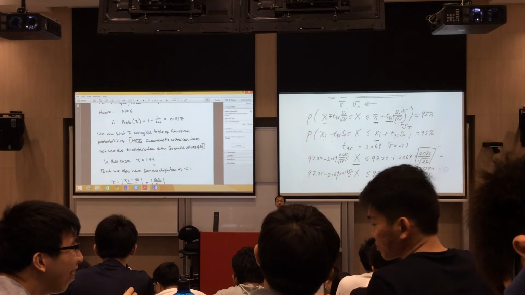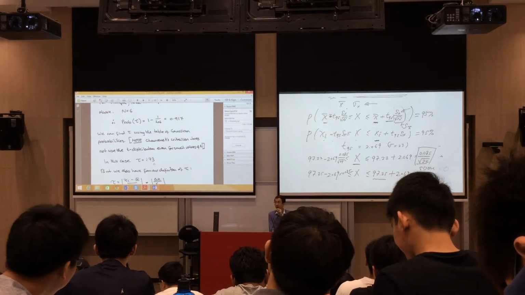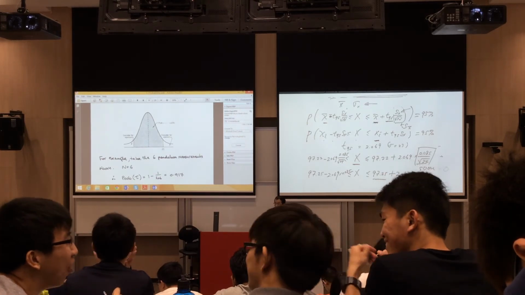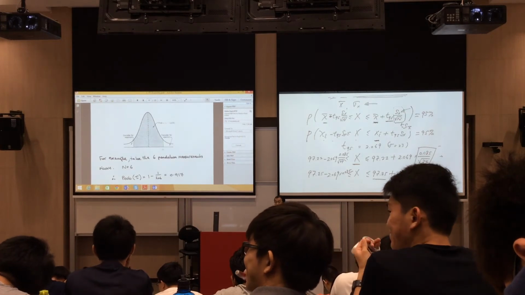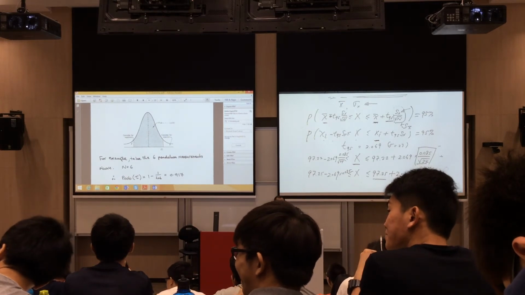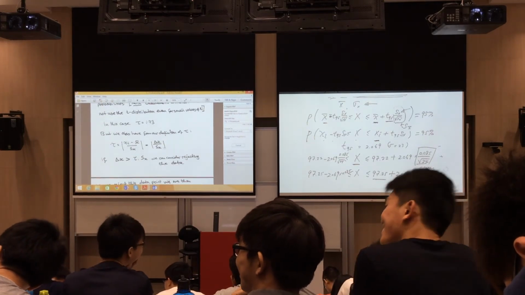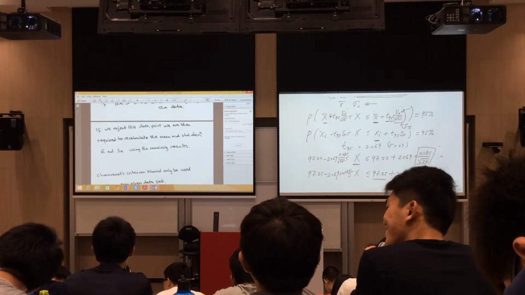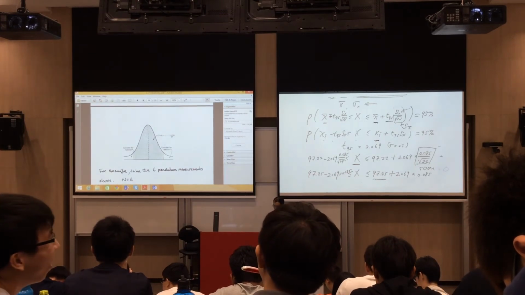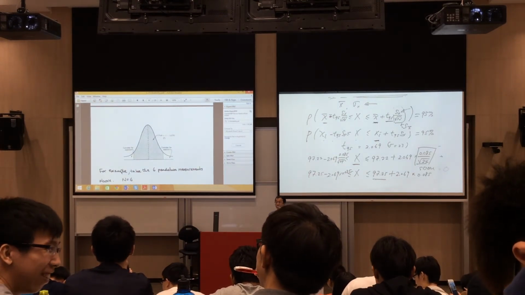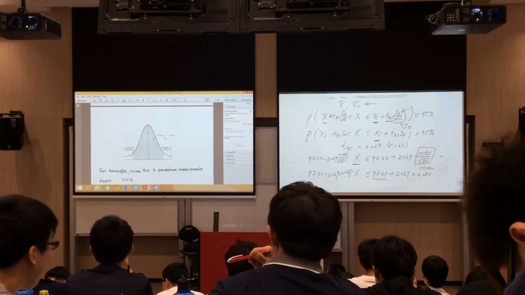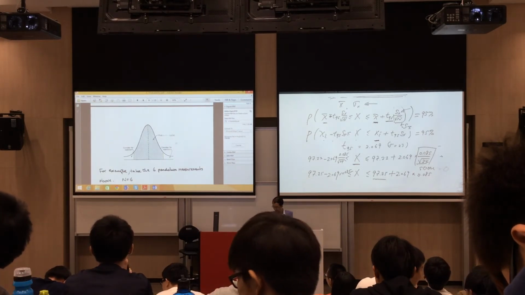So any measurement data from minus 1.73 to 1.73, we should retain. Outside this range, we should reject. You get the point. You can see the probability in this Chauvenet criterion depends on the number of measurement data.